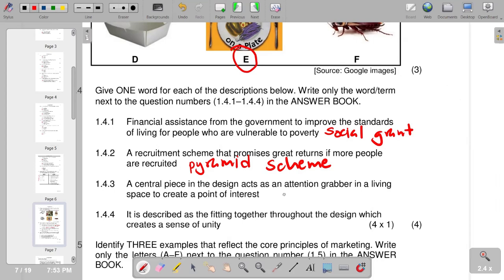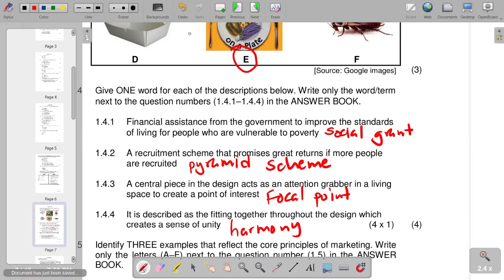So this one is a focal point. It is described as the fitting together throughout the design, which creates a sense of unity. It is harmony. So that's what we have on that part.